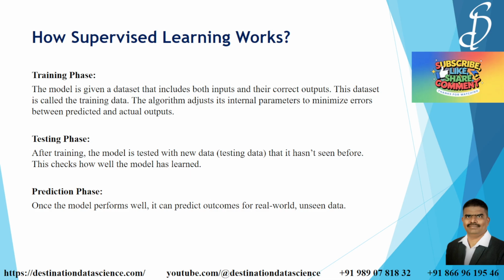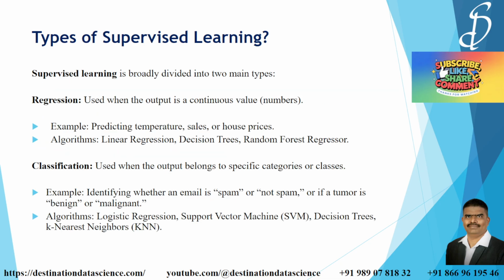Then the last phase is the prediction phase, where you give real world data to it and see what the output will be. Once the model performs well, it can predict outcomes for real world unseen data. So that is how supervised learning works.